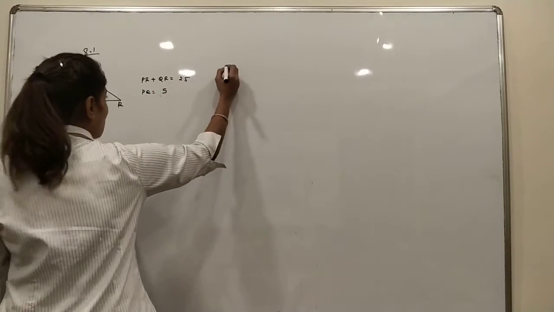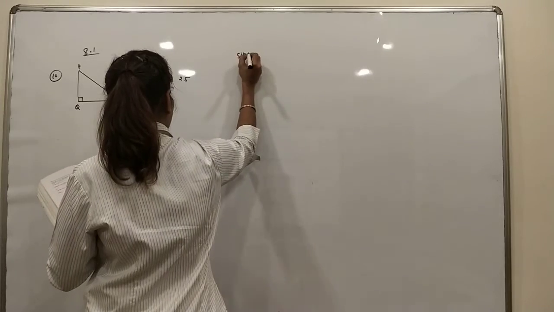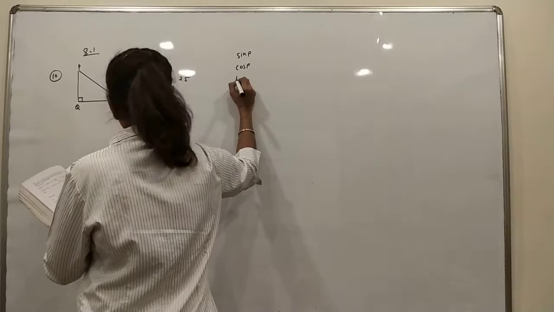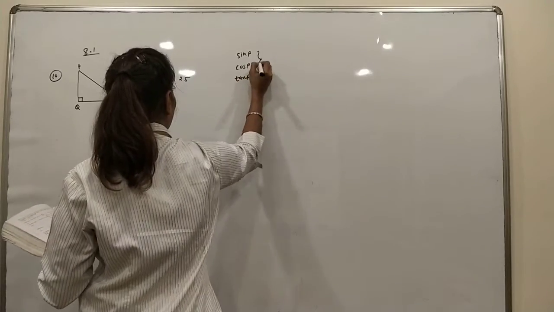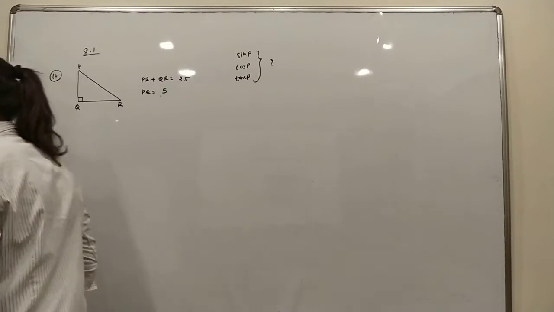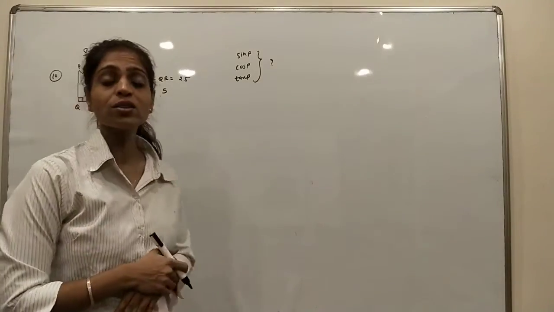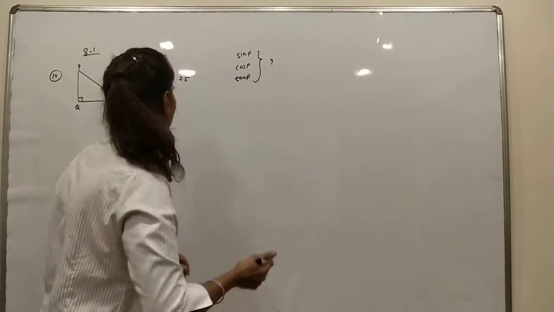Determine the value of sin P, cos P and tan P. You have to find its value. Before finding any trigonometric ratio, you have to know all the three sides of the triangle, right?